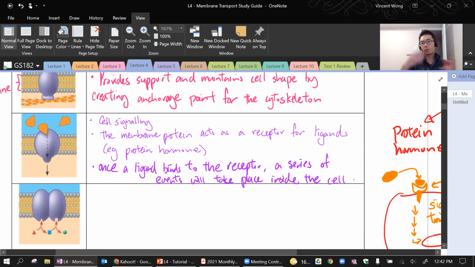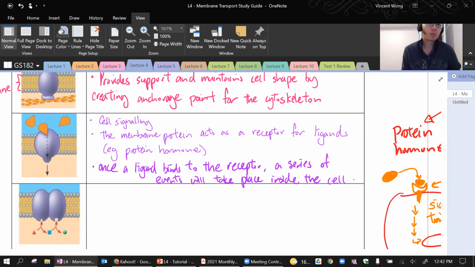And that will lead to some changes, either in gene expression or cell behavior, depending on what the ligand is.